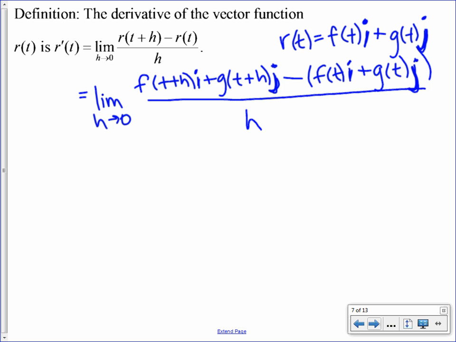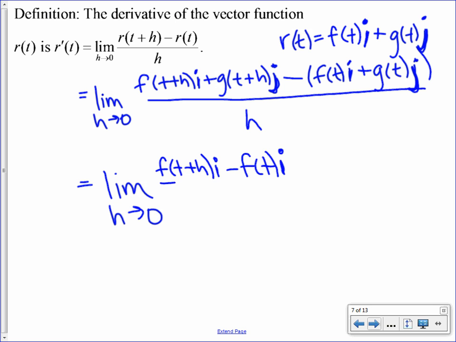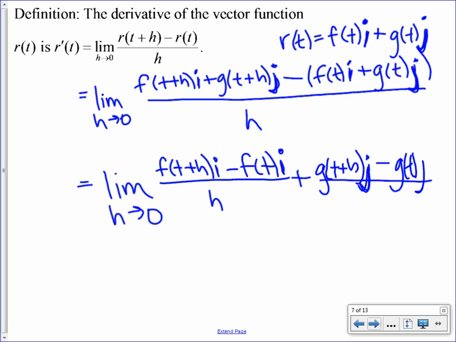So this is what I'm going to do. I'm going to break this up into two different limits. The limit as h approaches 0 of f of t plus h i minus f of t i over h, and I'm going to add it to the fraction g of t plus h j minus g of t j over h.